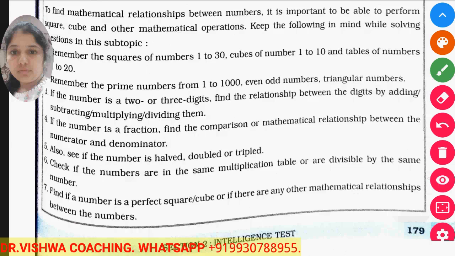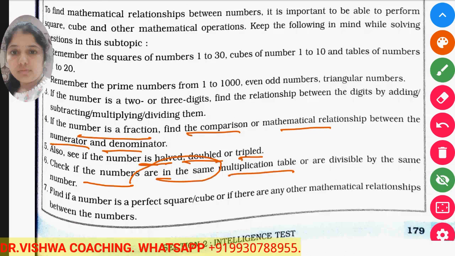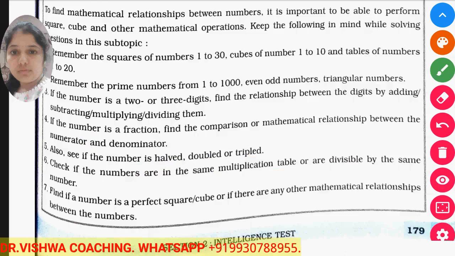Also, if you see the number is half or double or tripled, or the number is in a fraction, find the mathematical relation between the numerator and denominator. Check if the numbers are in the same multiplication table or divisible by the same number. So these are all the things we have to check when we find the relationship between them.